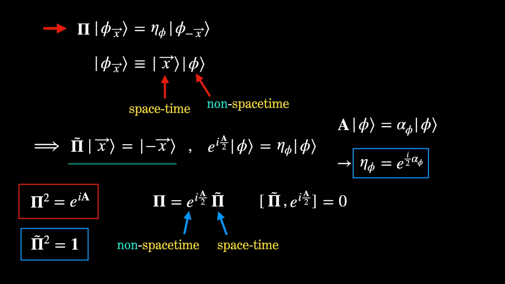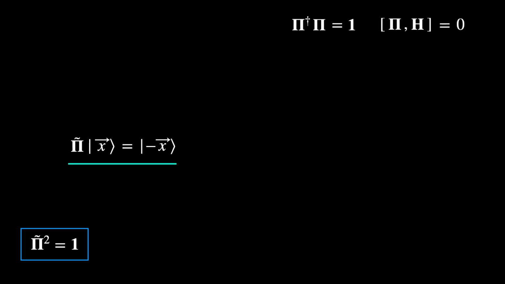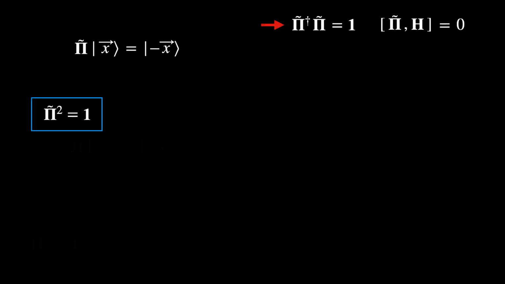Since pi tilde is responsible for the non-trivial transformation that defines parity anyway, we simply drop the non-spacetime part and just set the parity operator to be pi tilde. Note that these two expressions imply that pi tilde is also Hermitian.